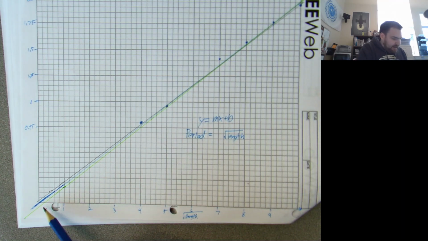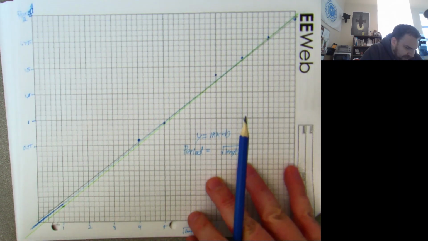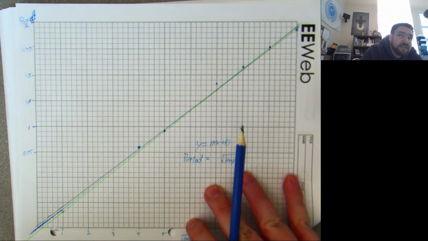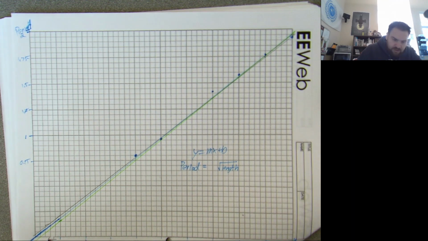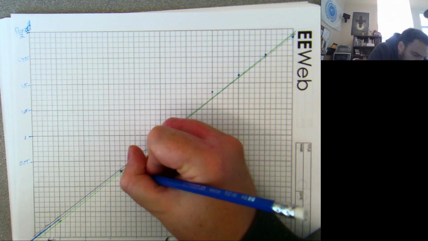So we can do a slope calculation for any of these two. I just need points that actually go through the grid. I want to use the blue line. I actually think it's my best line of best fit. There's a point that goes through the grid line right there.